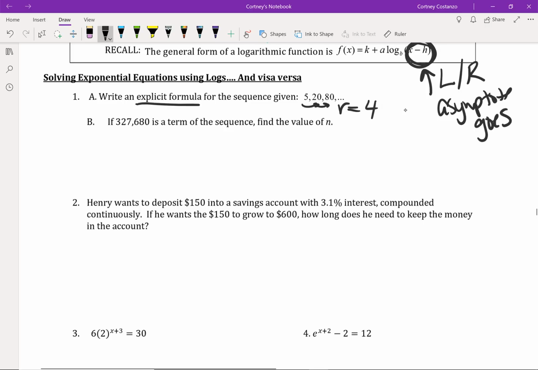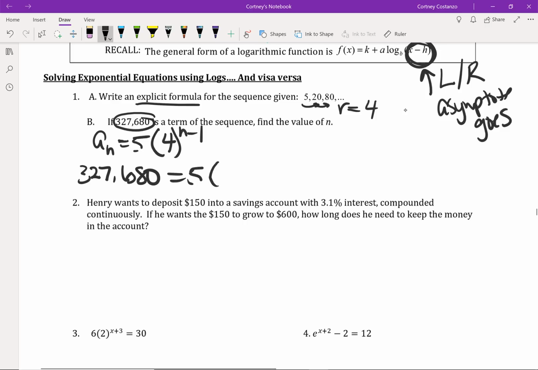So that tells me it's a geometric sequence. So the first term is 5, my common ratio is 4, and it's raised to the n minus 1. And it's asking what term in the sequence is 327,680. And it's asking me to use logs to solve this.